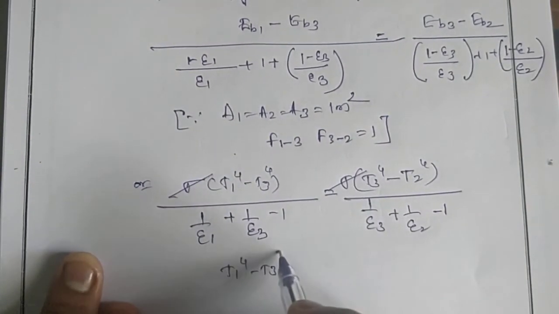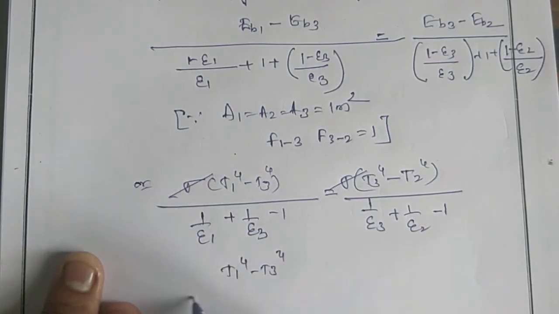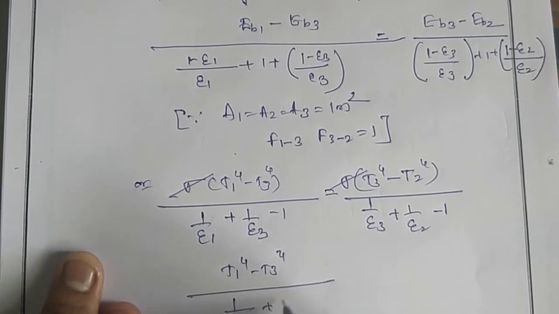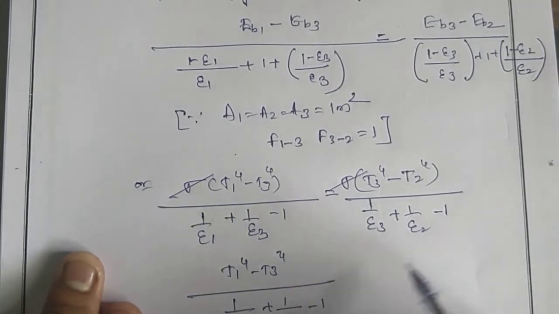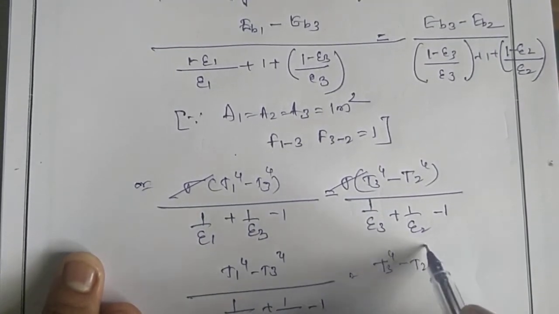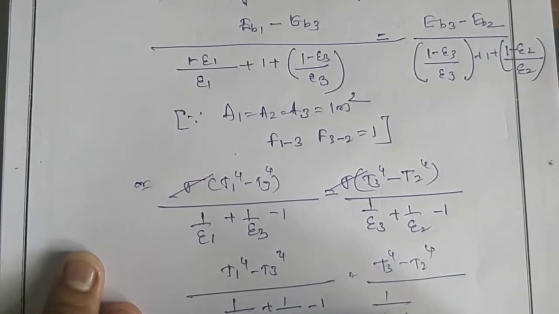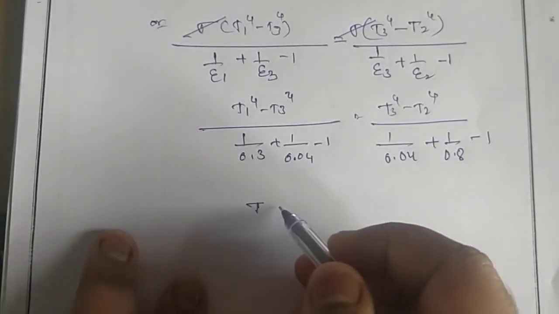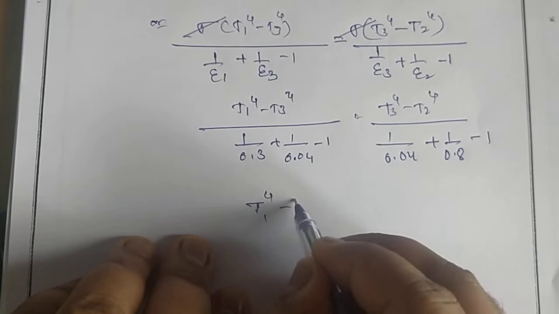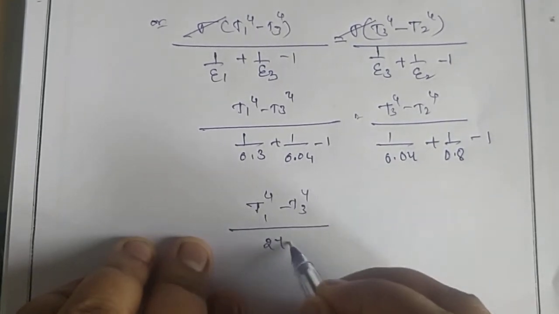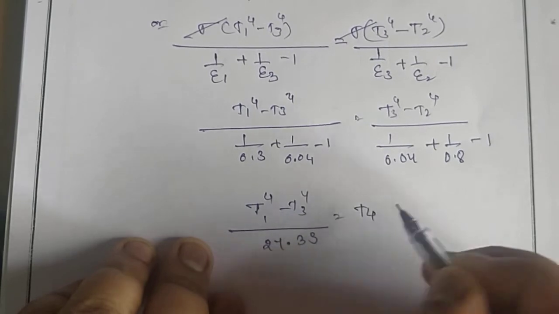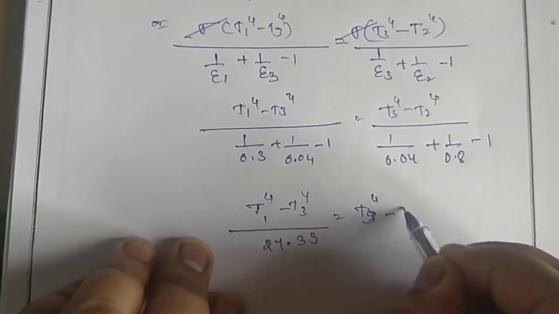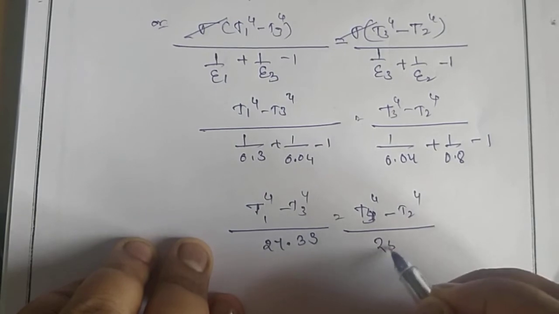So (T1 to the power 4 minus T3 to the power 4) divided by 1 upon 0.3 plus 1 upon 0.04 minus 1, equals (T3 to the power 4 minus T2 to the power 4) divided by 1 upon 0.04 plus 1 upon 0.8 minus 1. So we can calculate (T1 to the power 4 minus T3 to the power 4) divided by 27.33, and (T3 to the power 4 minus T2 to the power 4) divided by around 25.25.